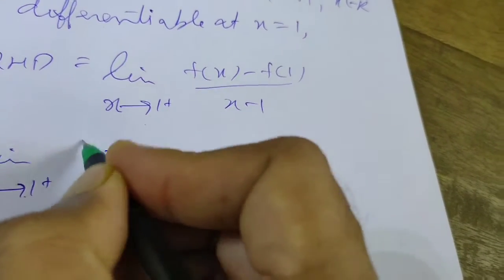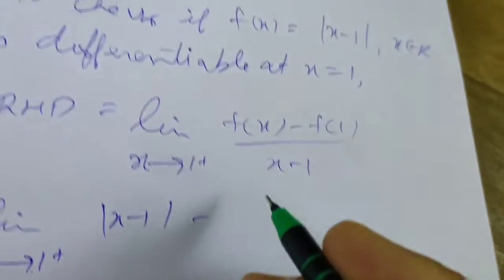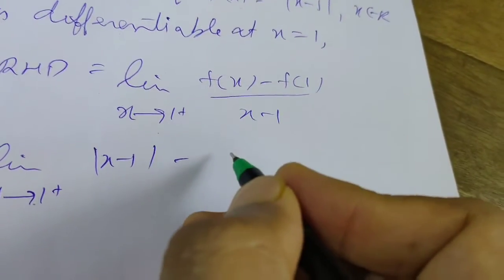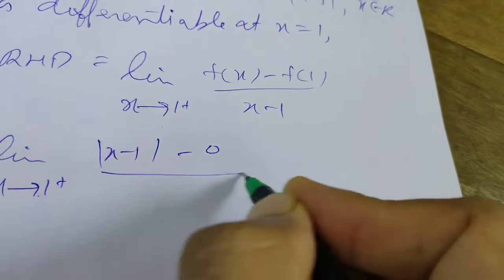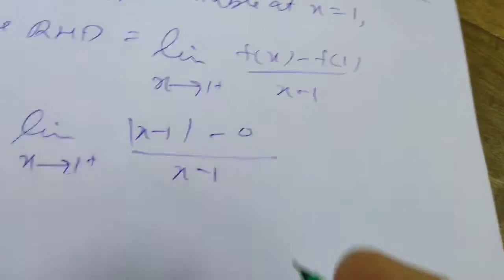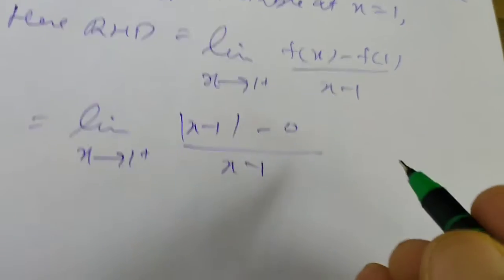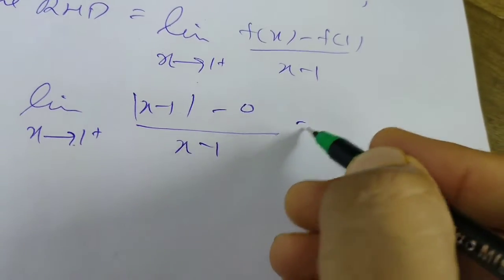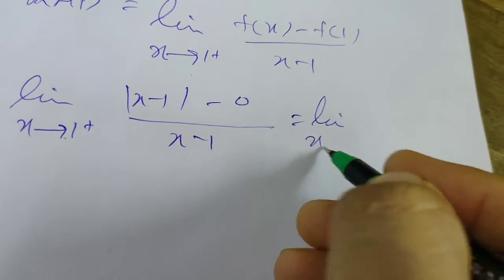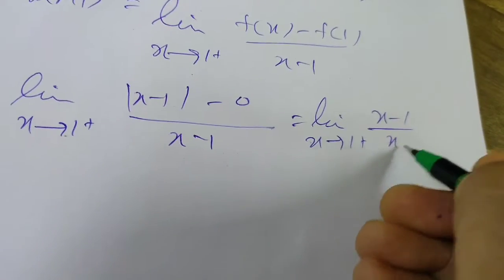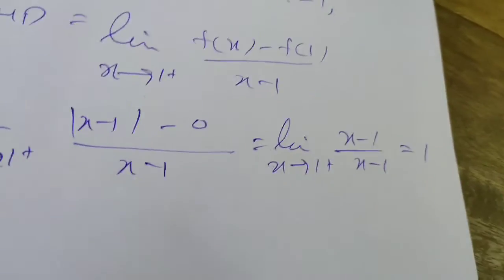So |x - 1| minus f(1). f(1) will be 1 - 1, that is 0. So mod of 0 is 0. So minus 0 over x - 1. And here since x is greater than 1, mod of x - 1 can be written as x - 1. So this will be equal to limit x tends to 1 plus (x - 1) over (x - 1), and that is equal to 1.